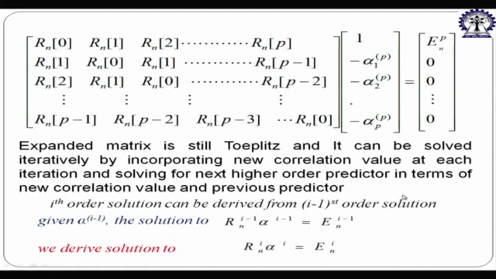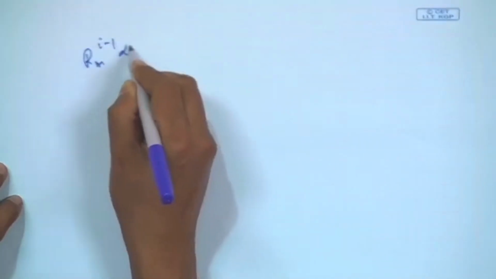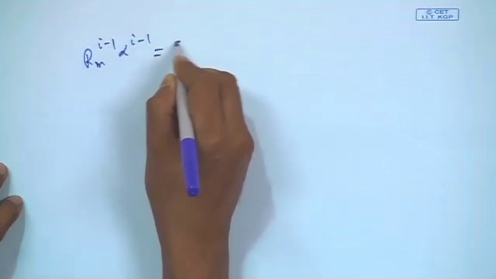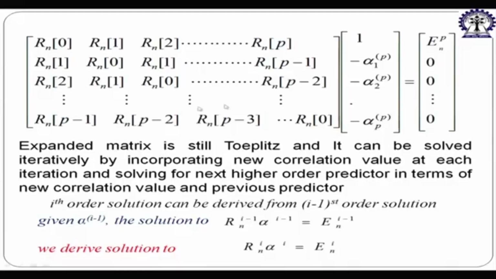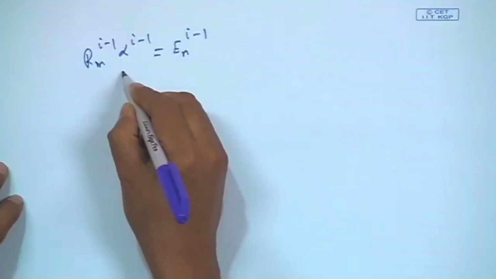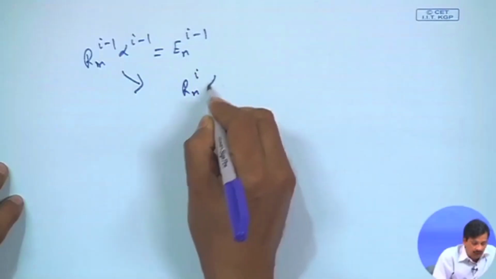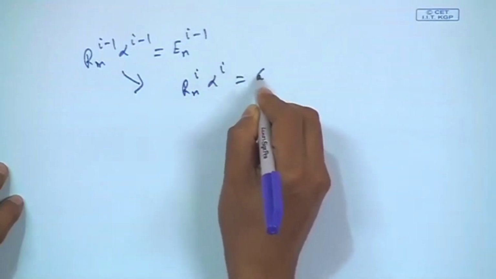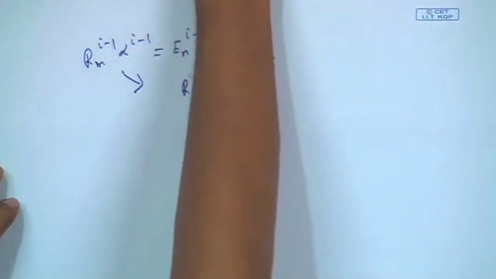So, what is the (i minus 1)th order solution? R_n(i-1) alpha(i-1) is equal to E_n(i-1), if I see this matrix. From here we can derive the solution for R_n(i) alpha(i) is equal to E_n(i). How do we derive it?